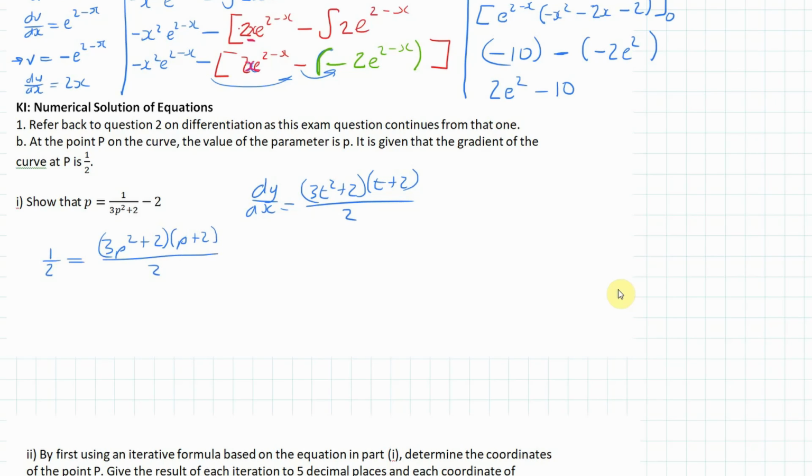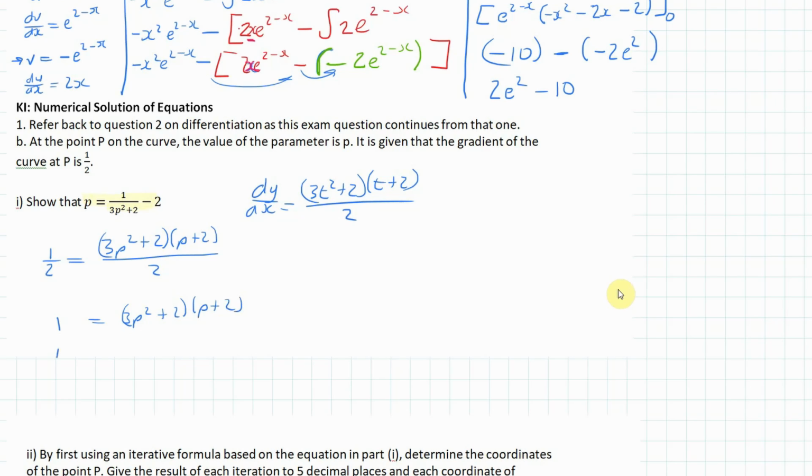Now, our next line, we times both sides by 2, so we get 1 equals 3p squared plus 2 into p plus 2. Now, we're trying to show that p is equal to this. So probably what I would do at this point in time is divide both sides by the 3p squared plus 2.